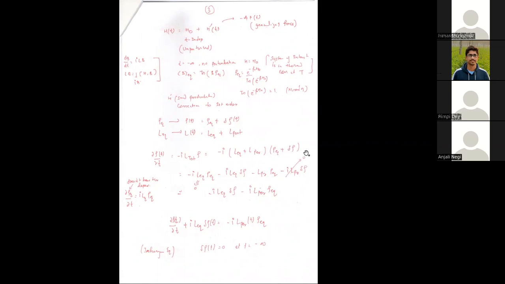Earlier there was a question, when Himanshu presented, that when the perturbation is very large, L perturb basically is very large, then we can't take this as zero.